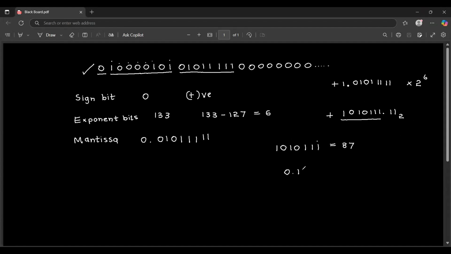And 0.11 will be equal to 1 into 2 to the power minus 1 and 1 into 2 to the power minus 2, which will be equal to 0.5 plus 0.25. So the answer will be 0.75. So what's the final answer? This is equal to positive 87.75. This is how you have to do this question.